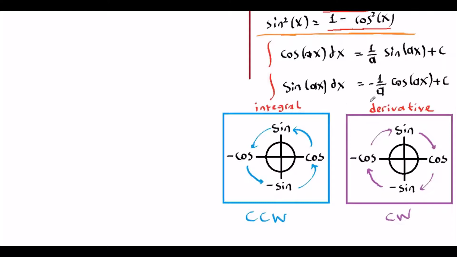If you can't remember these, then you can visually learn the integral of the trigonometric functions in the counterclockwise direction. Construct a unit circle, make up positive sine, positive cosine and negative cosine directions. If you go anti-clockwise, you obtain the antiderivative. If you go clockwise, you obtain the derivatives of the trigonometric functions. Let's begin.